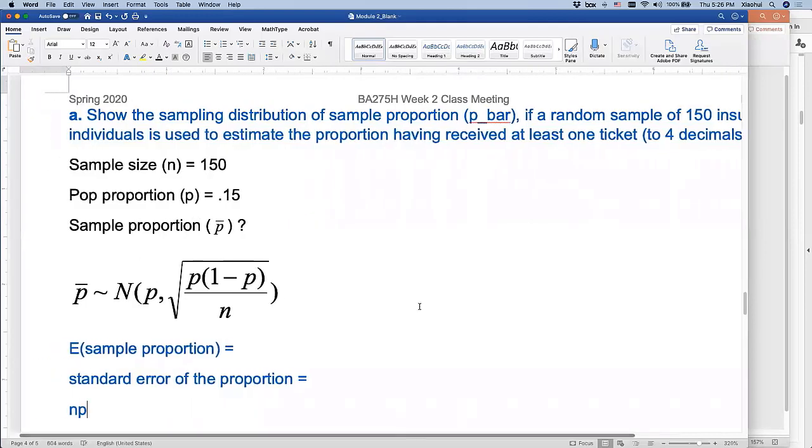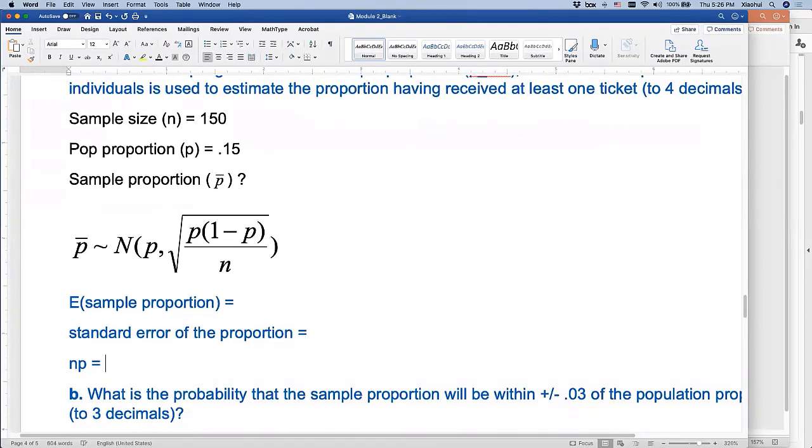The sample size is 150, so 150 multiplied by the population proportion, 0.15, which is 22.5.